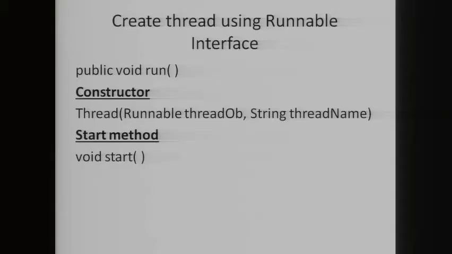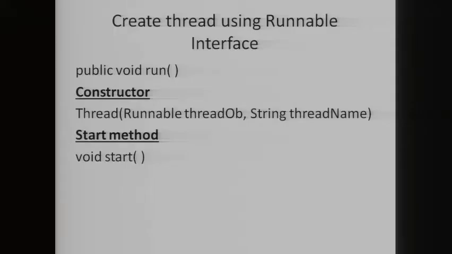So here is one method that we have shown. The easiest way to create a thread is to create a class that implements the Runnable interface. To implement Runnable, a class needs only implement a single method called run.